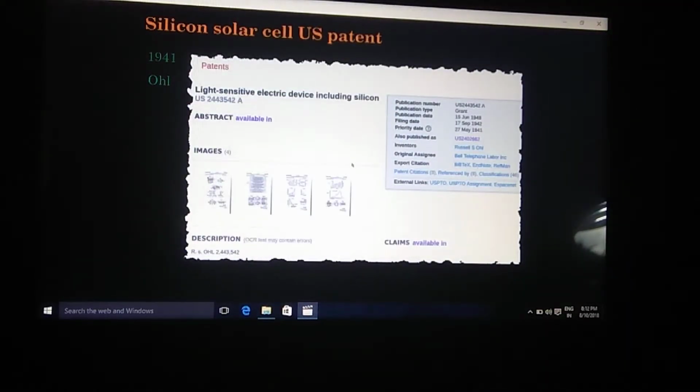This silicon solar cell had an efficiency of much less than 1%. It did not have much commercial value or commercial implication, but it was a landmark point as far as the solar cell or the photovoltaic cell was concerned. It was a very important point in history.